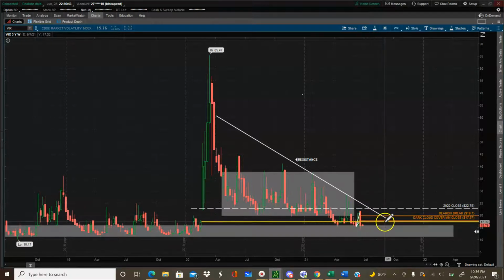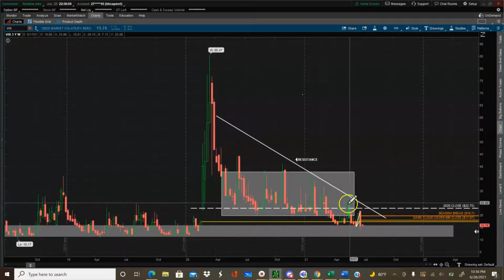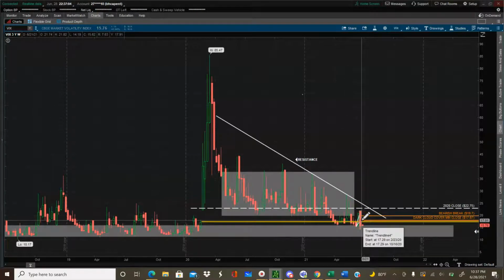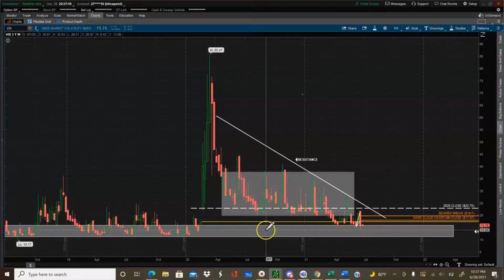Could happen before then, but I'd say no later than early September we see some resolution as far as what VIX wants to do. Like I said, it could continue to be range bound, but right now VIX is obviously in a phase of consolidation for the time being. It continues to fail to get above that 2020 closing range, so definitely something to keep an eye on.